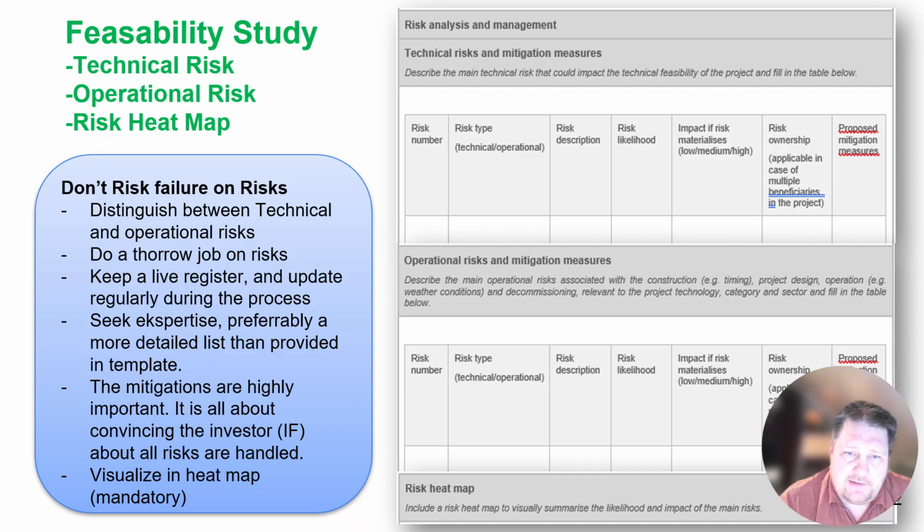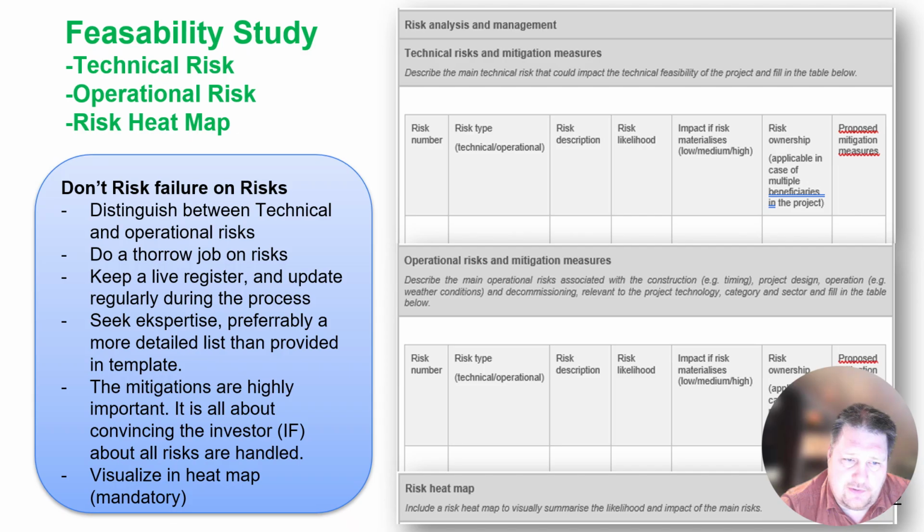The template has a format both for the technical risk and the mitigations there, and operational risks and mitigations. It's important to distinguish between the purely technical risks and the operational risks.